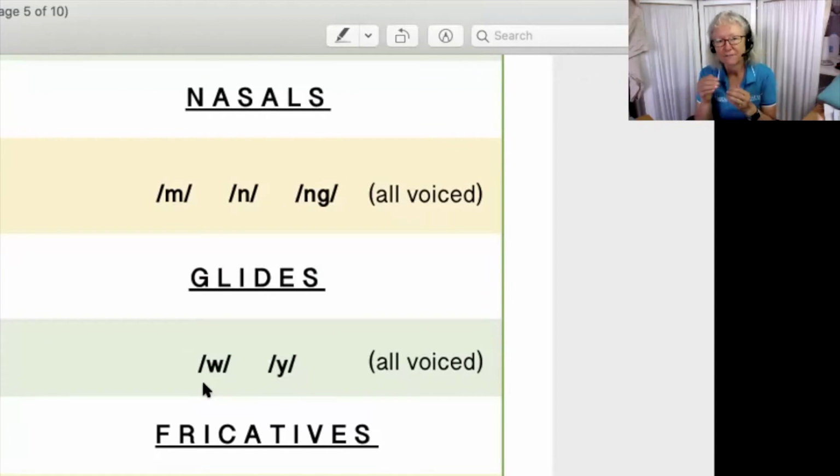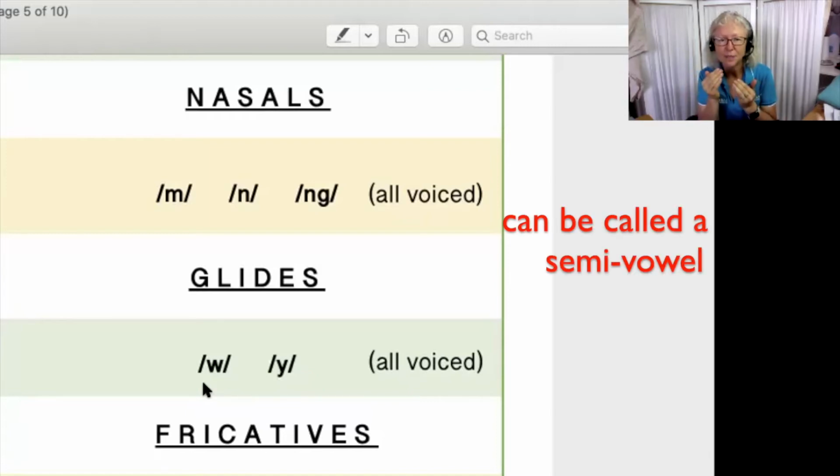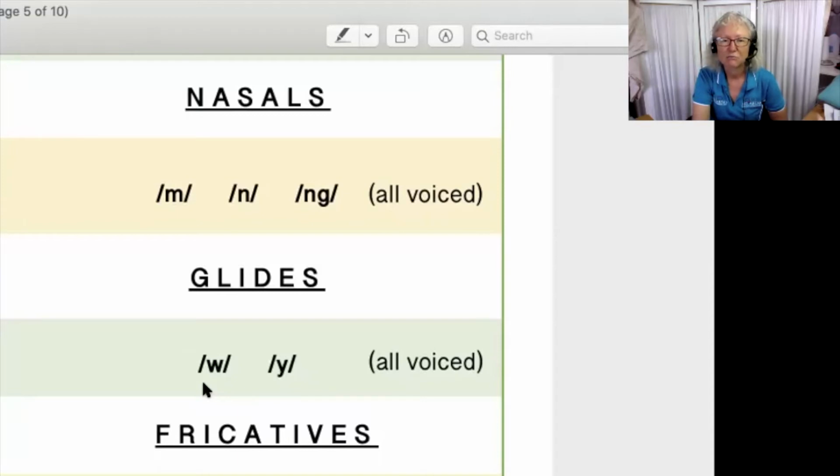So it's not a vowel because we are using the articulators, but it's kind of like a vowel because it's gentle. So it's almost a cross between a consonant and a vowel, which is interesting, isn't it? They're fairly short sounds that are not really able to be extended. It'd be a bit tricky to extend them, but they're always voiced.